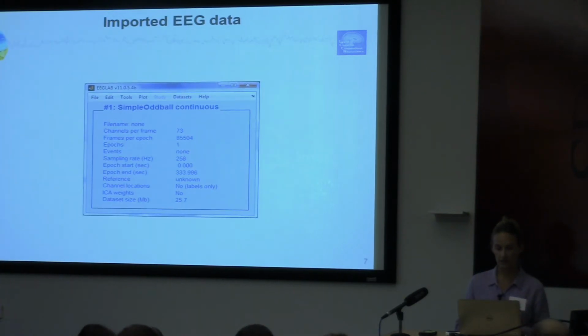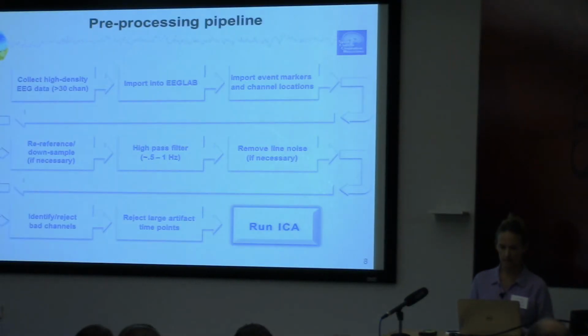So once you've imported the data, then your EEGLAB GUI gets populated with information about your task. So it tells you how many channels you have, how many epochs, how many frames, whether you have a reference or channel locations, etc. So it's a quick reference for lots of key information.